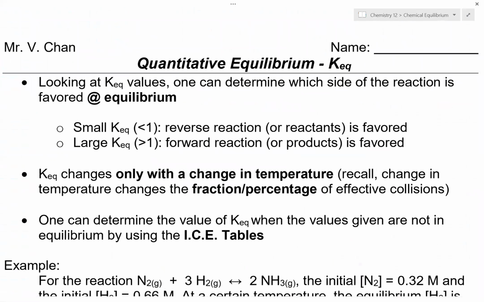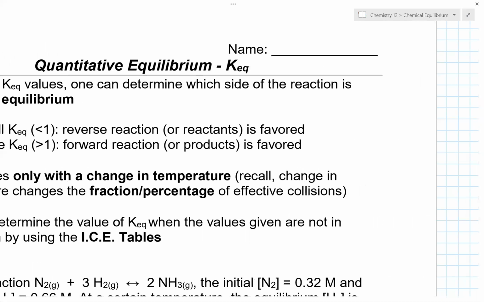What can we learn from this ratio of these numbers that we get? Looking at the KEQ values, one can determine which side of the reaction is favored at equilibrium. A small KEQ means that the reverse reaction or reactants are favored.